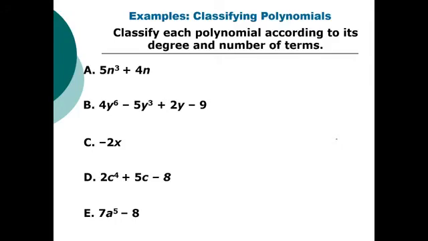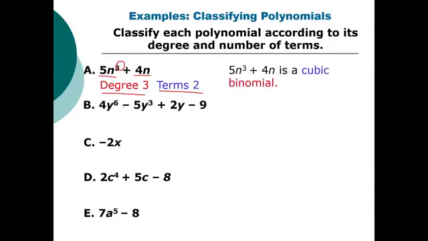So what's the degree in letter A? The degree is 3, correct? How many terms are there? There are 2 terms. So this is a cubic binomial. The degree 3 is cubic, and it has 2 terms, so it's a binomial.